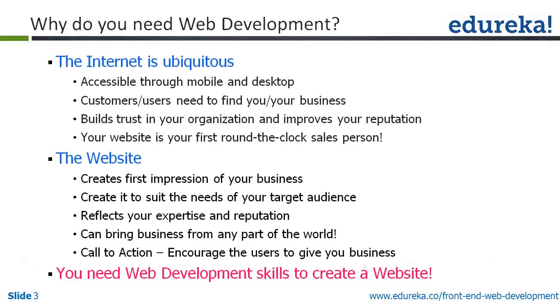In earlier days, people were discovering you through marketing material or through telephone numbers. But nowadays, the internet is the first and foremost mechanism through which your customers or your potential clients will discover you.